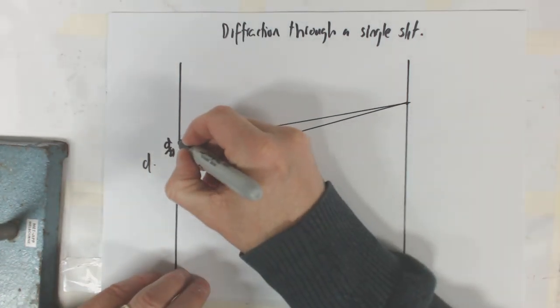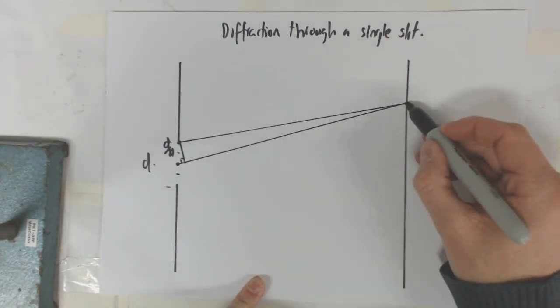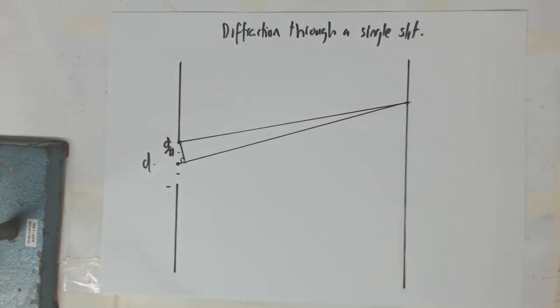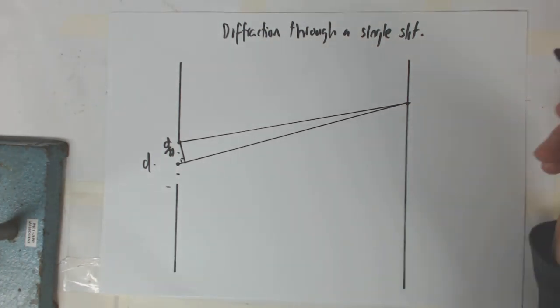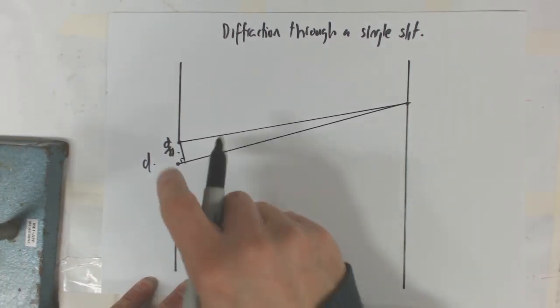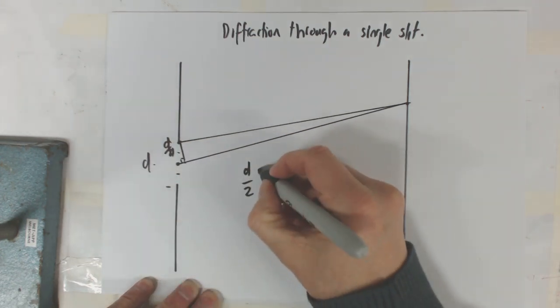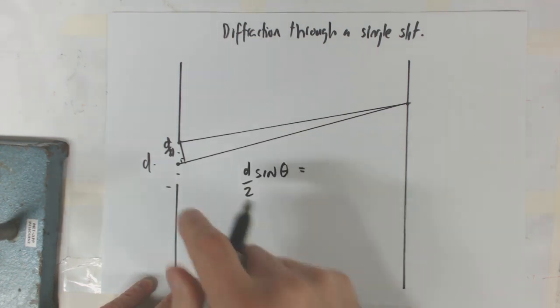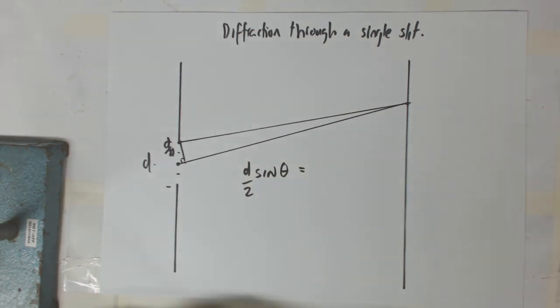If I take 2 points in the slit that are half d apart, and we have them hit the screen over here, then as before, if we assume that the screen is a long way away and that the lines are for all intents and purposes parallel, then what we can say is that d over 2, half the slit length, times the sine of theta will be the path difference for the waves.